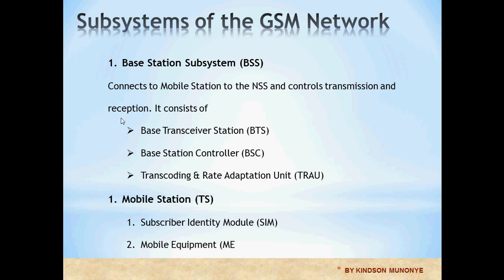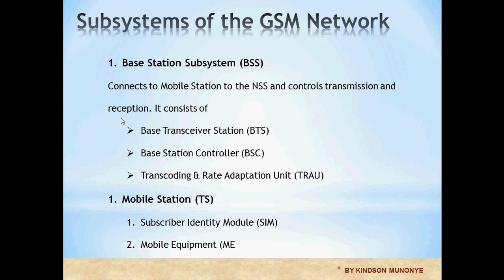In a nutshell, the base station subsystem is the subsystem that connects your handset to the base station. It connects the mobile station to the NSS, the network and switching subsystem, and controls the transmission and reception. The base station subsystem is made up of these items I listed here.